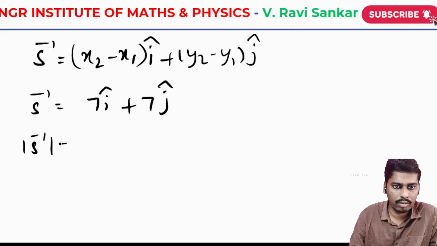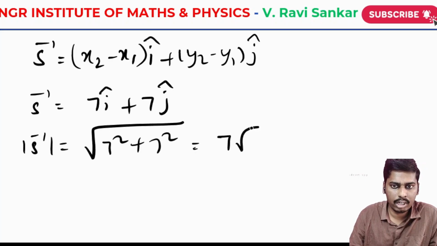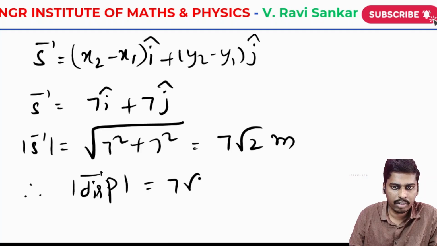Therefore, the magnitude of the displacement equals the square root of 7 square plus 7 square, equal to 7 root 2 meter.